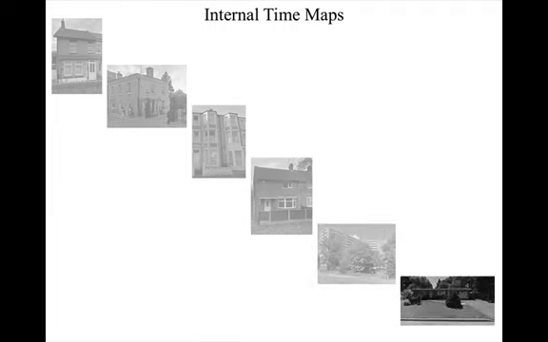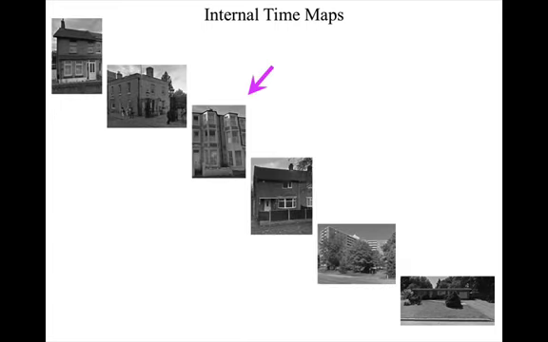What we can do is identify which house we were living in at the time, and then ask, did such and such an event happen while we were living at a particular house? For example, if an event happened while we were living at this house, it must have been before an event that happened while we were living here.